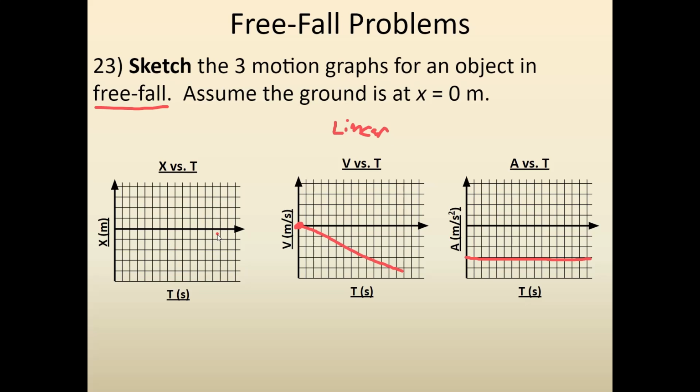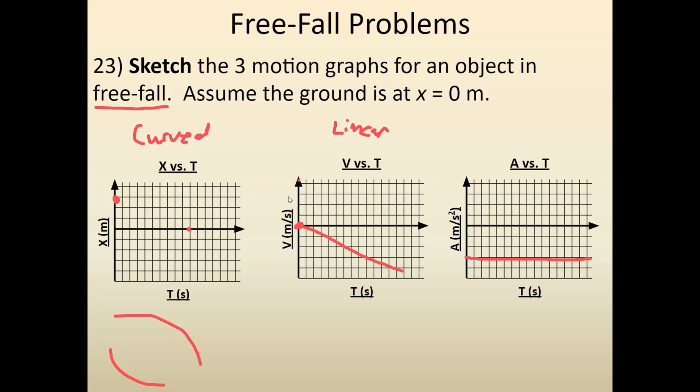Here, I'm going to do the same thing. I know that my position starts off in a positive direction because I'm starting off up in the air. I know eventually I'm going to go down to 0. Because the velocity graph is linear, that means that my slope here is going to be changing. So this means it's going to be curved. Now I have two options. Is it going to be curved this way or is it going to be curved this way? Because the velocity graph starts off at 0, the slope of this graph has to start off at 0.